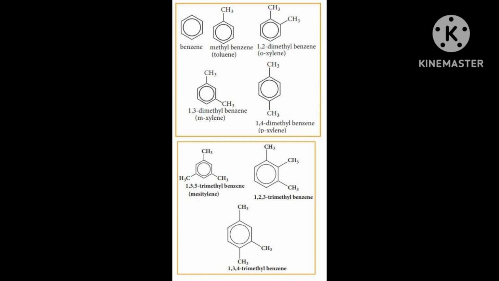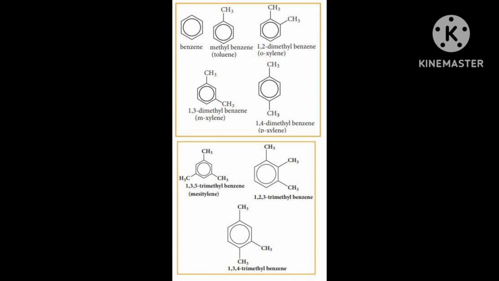B is para-nitroaniline. Very easy. Then the aniline structure easily you can write first. Aniline, base compound in aniline is the benzene, and you just attach NH2. Then after that you have to write para-nitroaniline. Then para position easily you can find out, because the NH2 group is there.